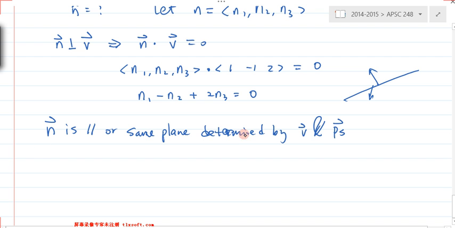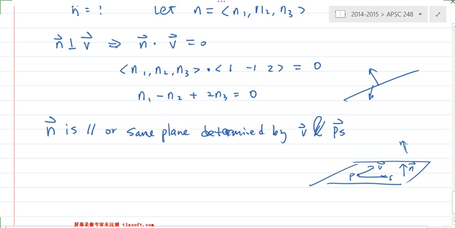So if this is the language, mathematically, how do we apply this constraint? I'll draw something out here. This is PS, and this is V. This is the plane, and n needs to be within this plane, or parallel, doesn't matter.